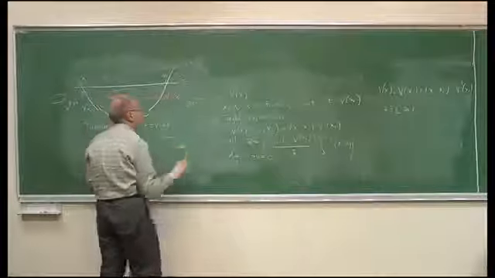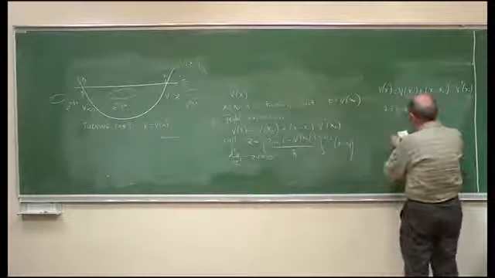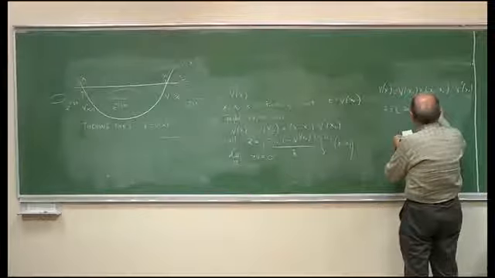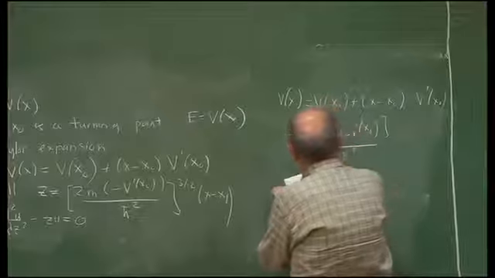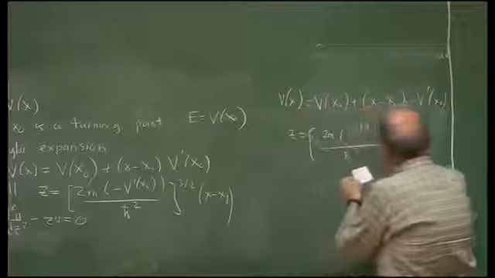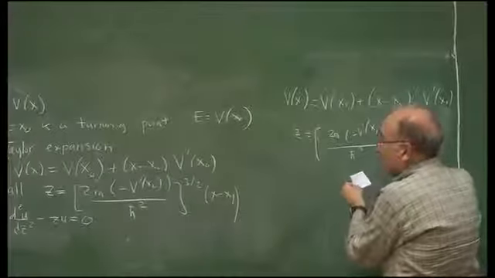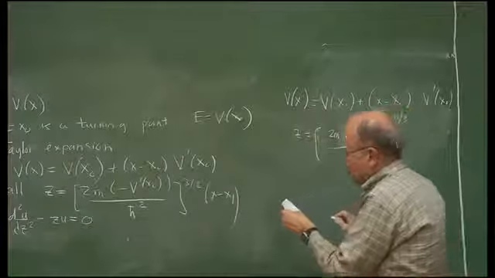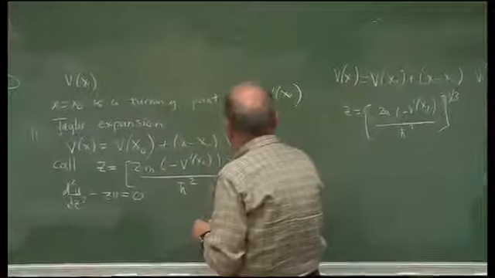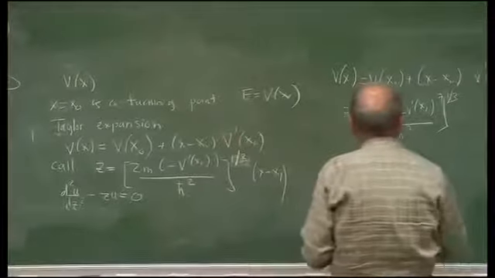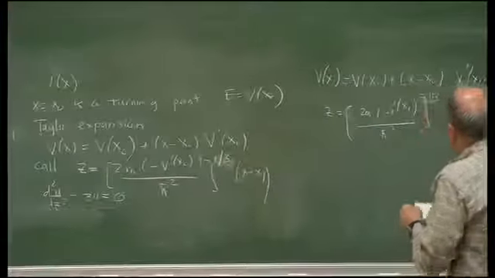I should have put these on. 2m times minus, again, V prime x1 divided by h-bar squared, again to the 1/3. 3/2, okay. That should be 1/3, sorry, because we have 2 powers of z down and 1 power of z up.